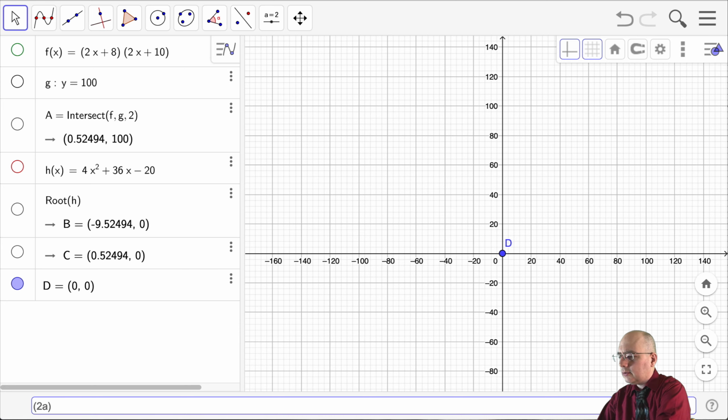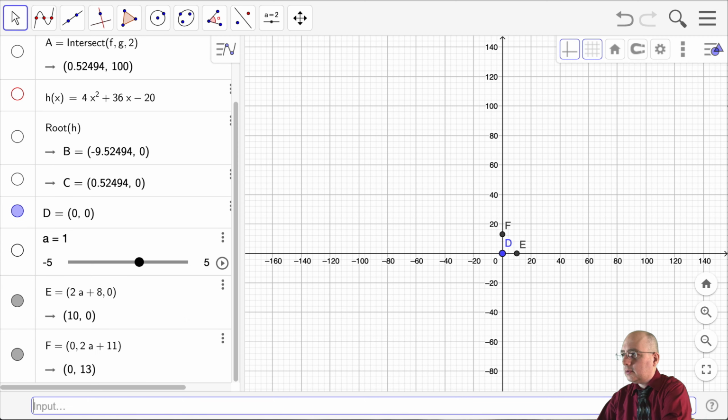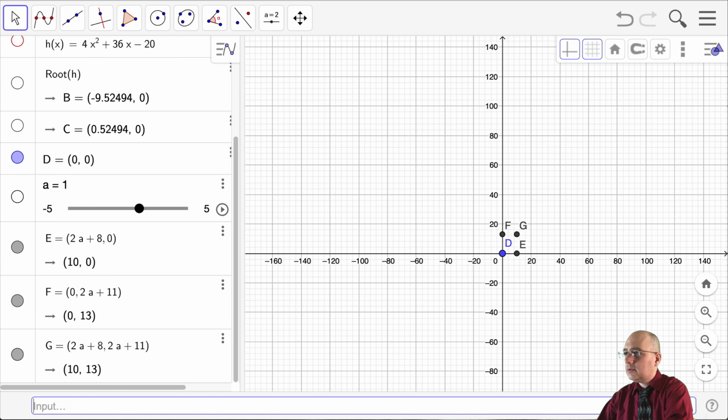So we'll call it a. We'll create a slider for that. And then what else we got? We got top, which is 2a plus 11. And then we have 2a, 11, 2a plus 8, and 2a plus 11.